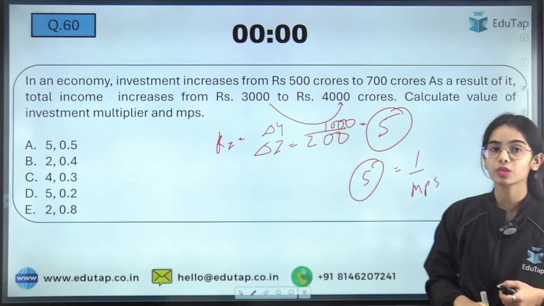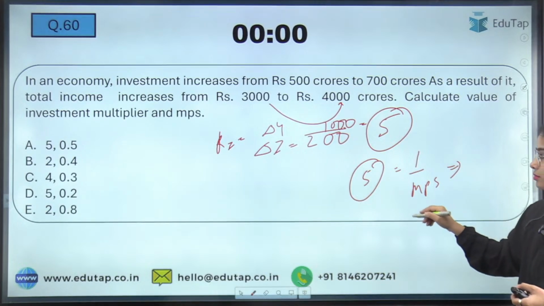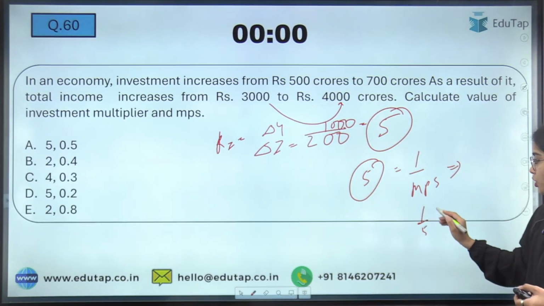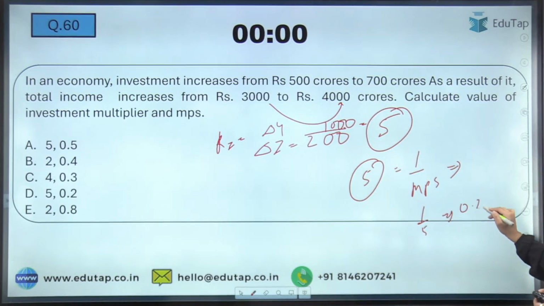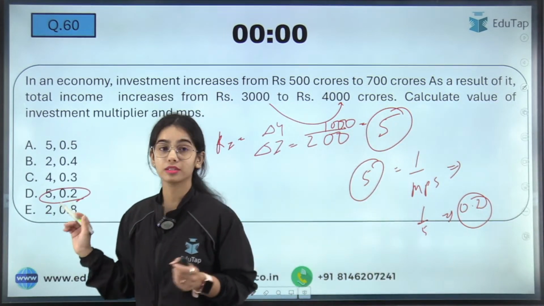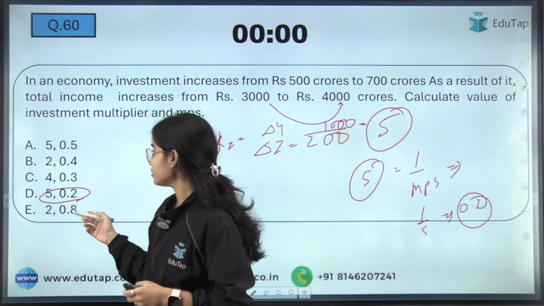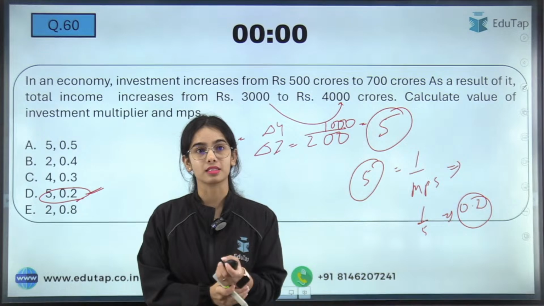What will be the MPS here? It will be 1 upon 5, so that will be 0.2, right? Yes. So 5 is the multiplier and MPS is 0.2. So D is the answer, okay?